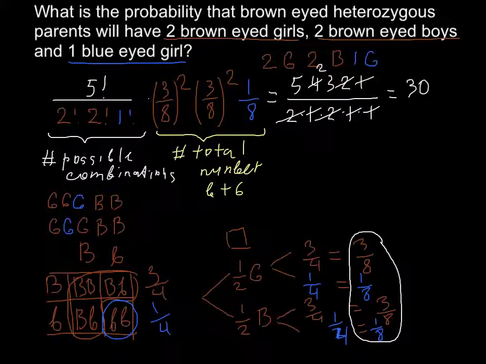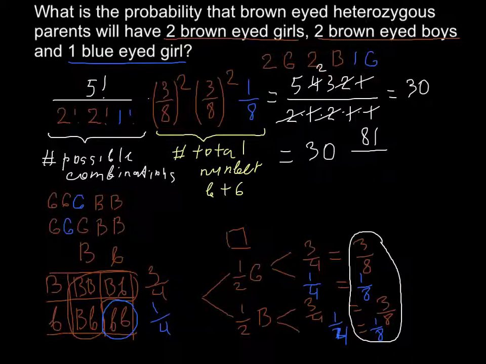And so what we are going to get here would be 81. So we still have 30, and here we have 81 on the top.